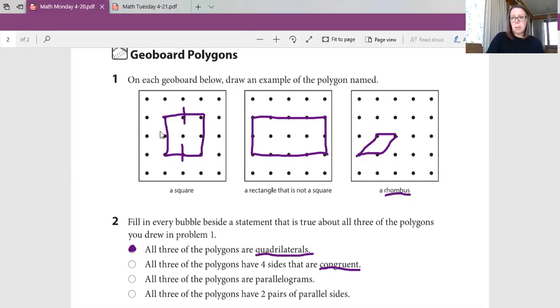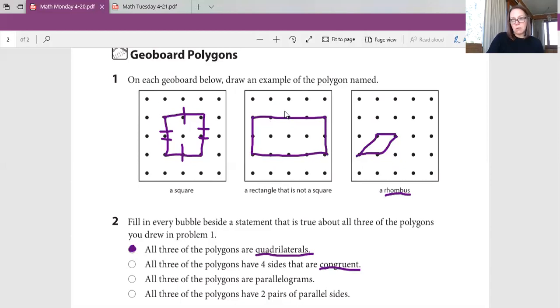In order to be a parallelogram, it needs to have 2 sets of parallel sides. So let's look at the other 2 sides. These sides went on and on forever. They would not touch, meaning that those are also parallel.